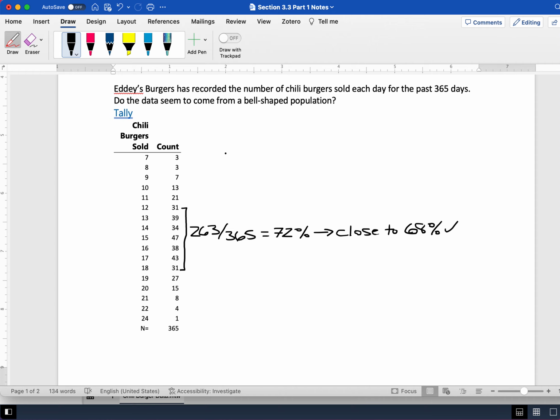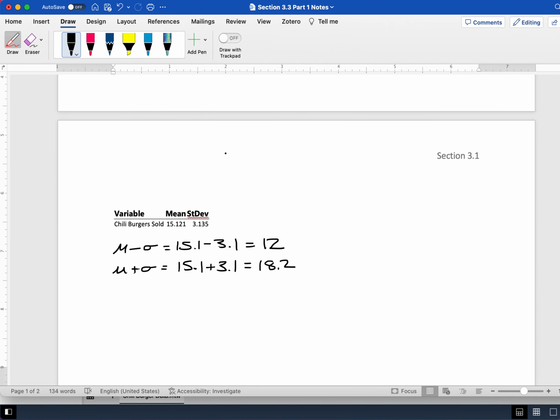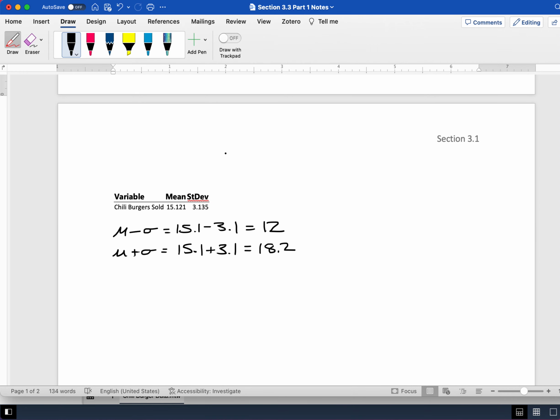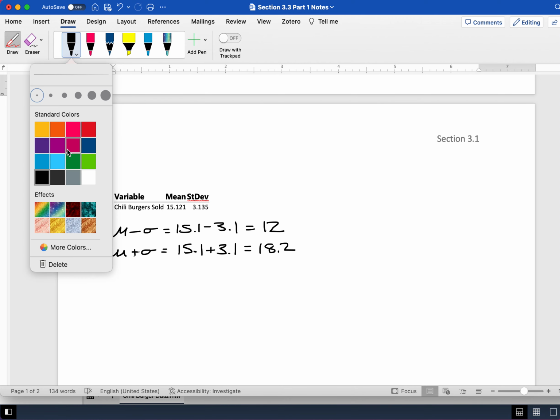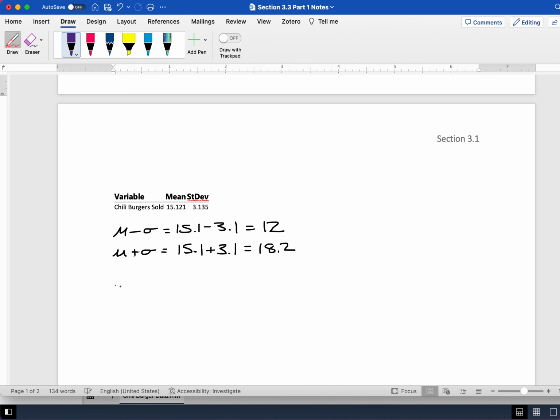So now I need to repeat that process with the mean minus 2 standard deviations and the mean plus 2 standard deviations. I'm going to switch to a different color here so you can see what I'm doing. So mean minus 2 sigma is 15.1 minus 2 times 3.1. Do this on a calculator if you need to. I'm not showing the calculator, but obviously you can do that.